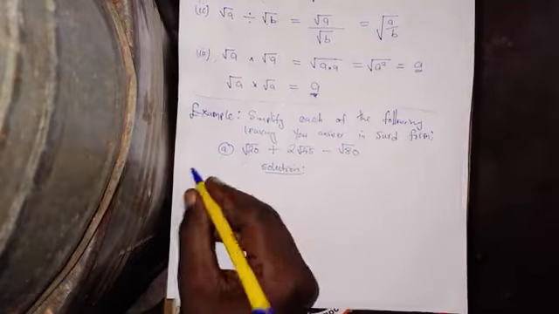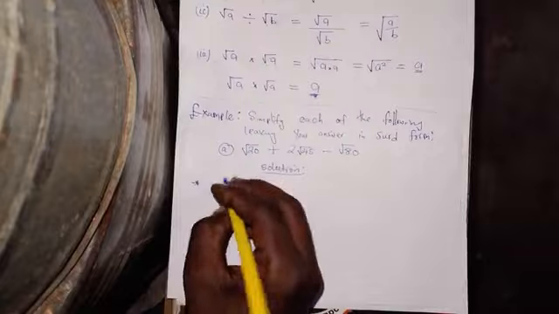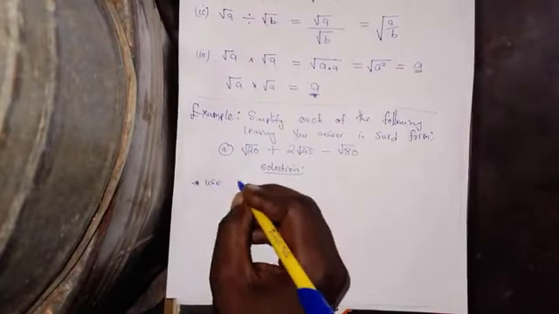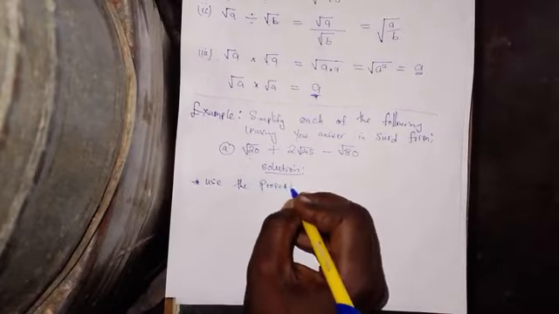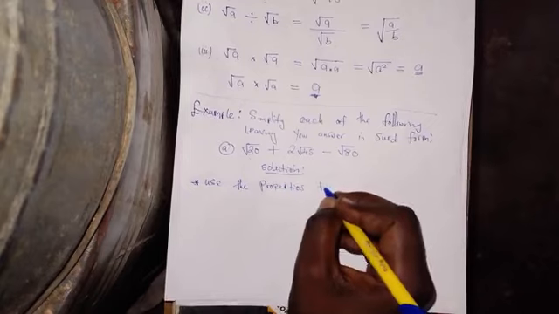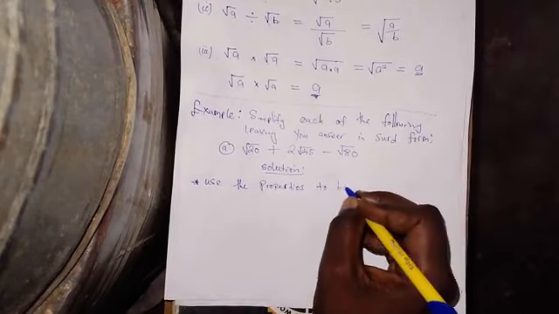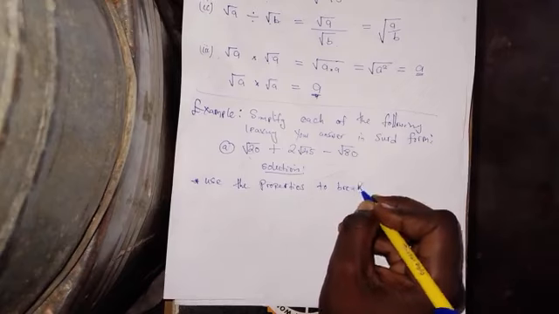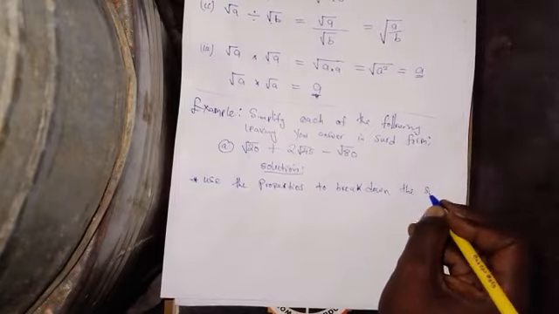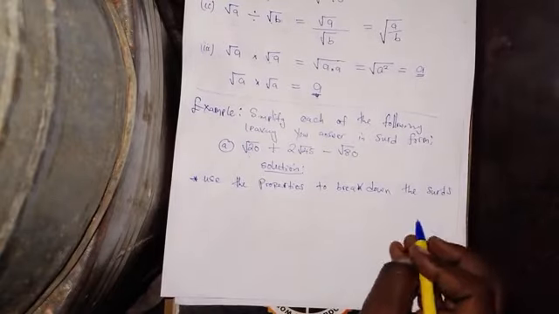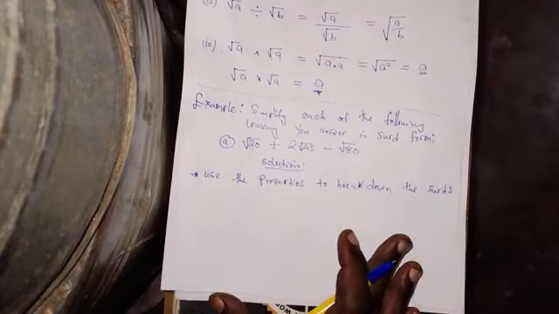So the context here is: use the properties to break down the surds.